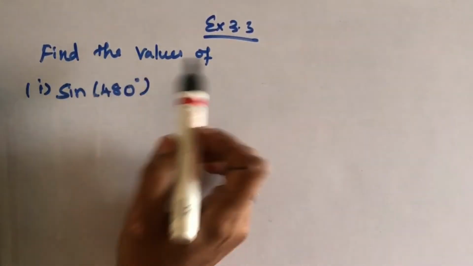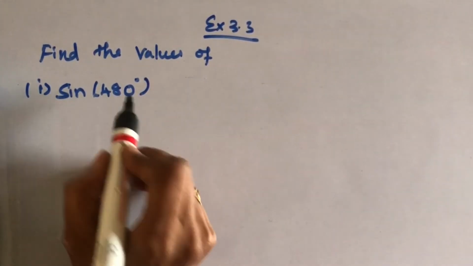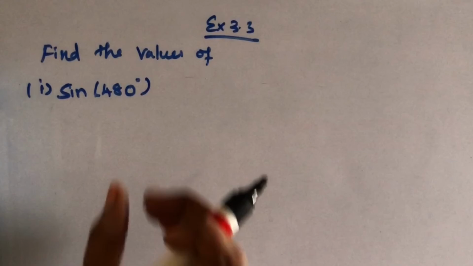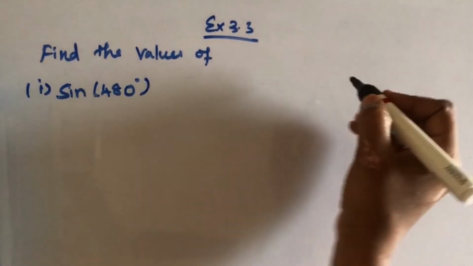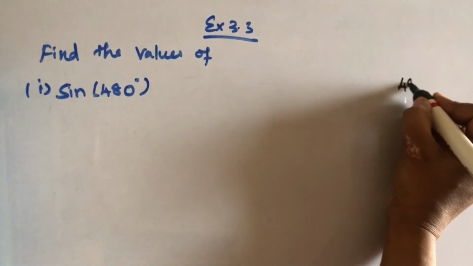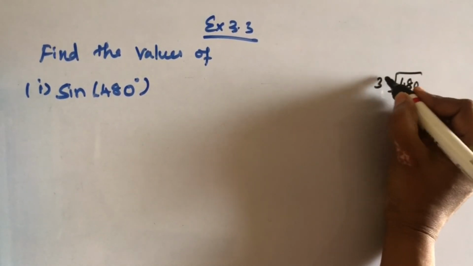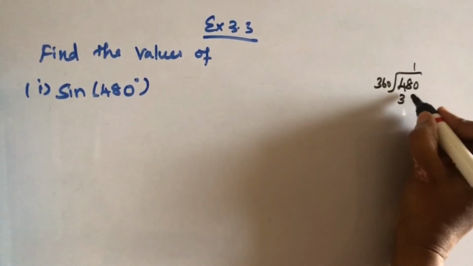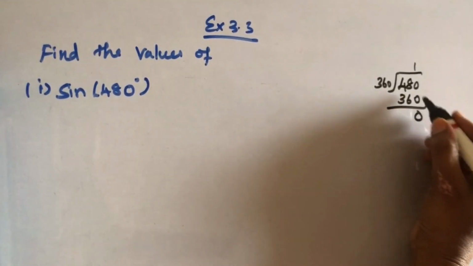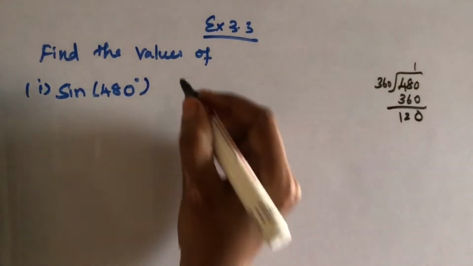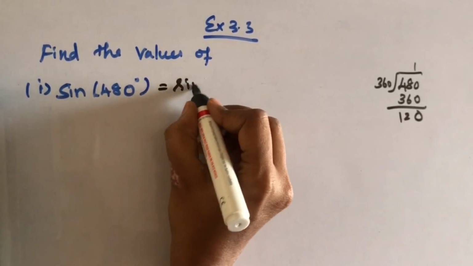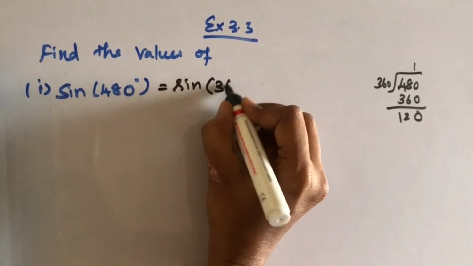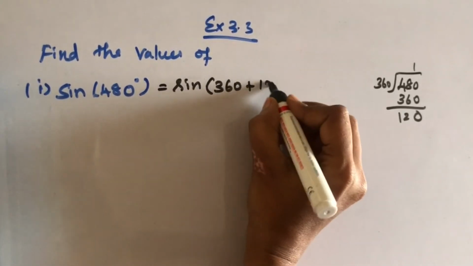Find the value of sin 480. Now, to find the sin value of this number, we have to split it. So, 480, I am going to divide it by 360. So, 1 time 360, remainder 120. So, I write it as sin of 360 plus 120.